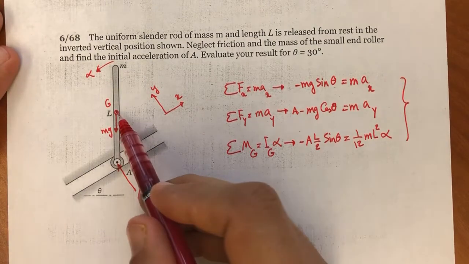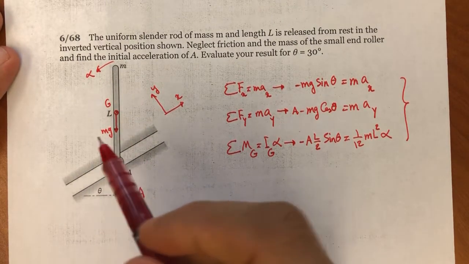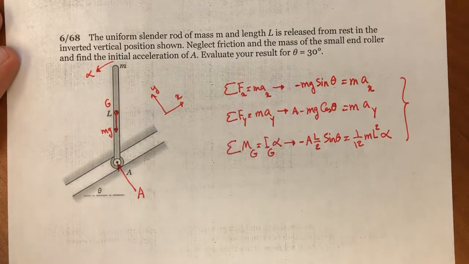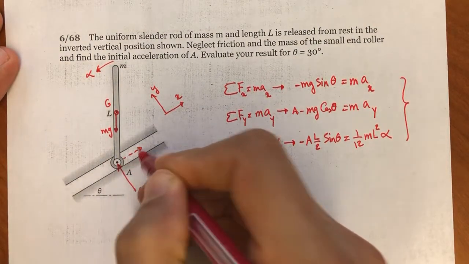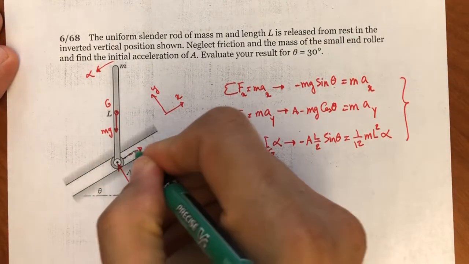So I need to use this somehow and relate a few of these unknowns to that. What's the meaning of that? I can relate the movement of G to movement of A, which means I can write the acceleration of G in terms of acceleration of A. So if I assume acceleration of A, I should actually use a different color because this is not a force.